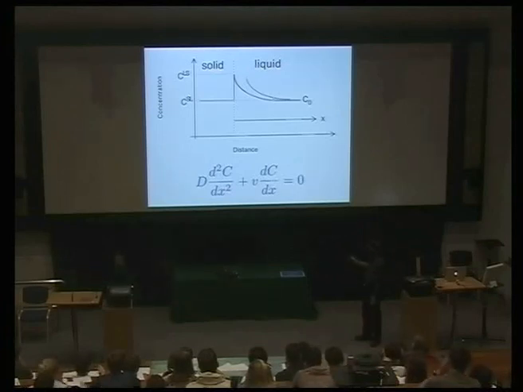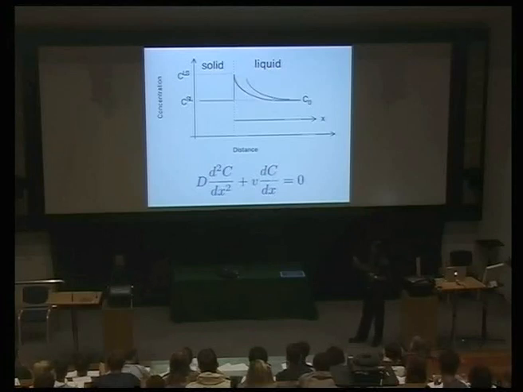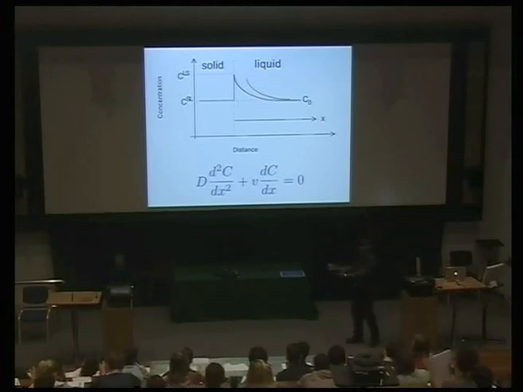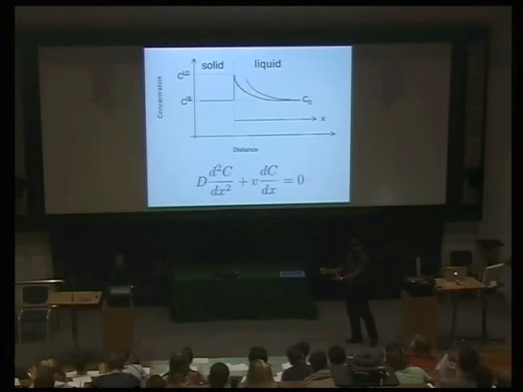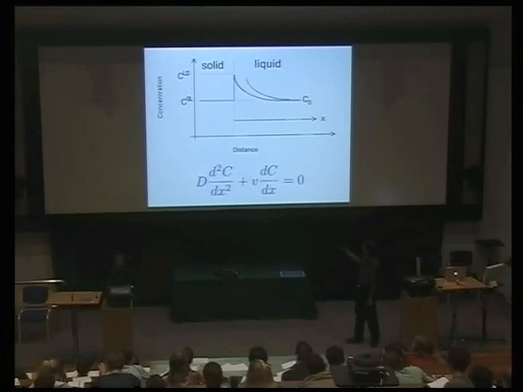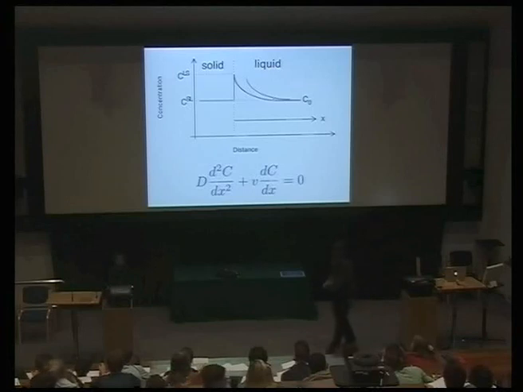The rate at which we displace that concentration profile is velocity times the gradient over there. So this is the new position of the profile, and the concentration has changed from here to here. And that rate of change is given by the velocity times the gradient.